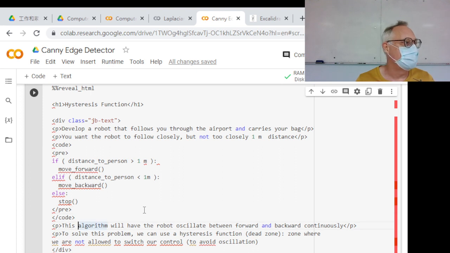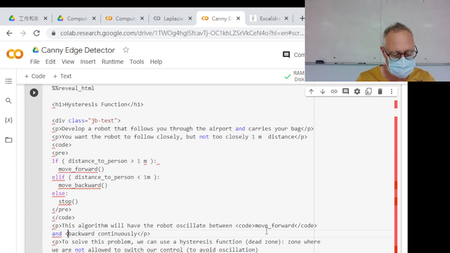That still has the same problem. So the problem is the robot will oscillate between two behaviors, moving forward, moving backward. Because chances that it'll be at exactly 1 meter are extremely slim, right?